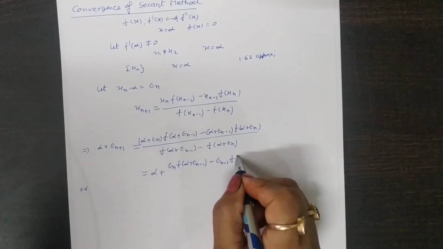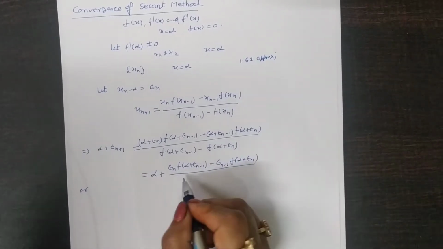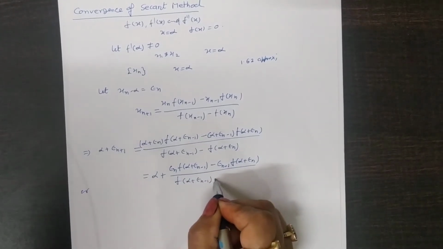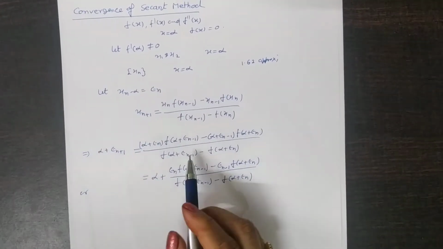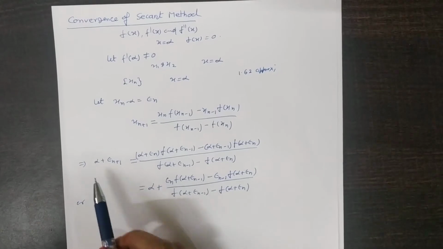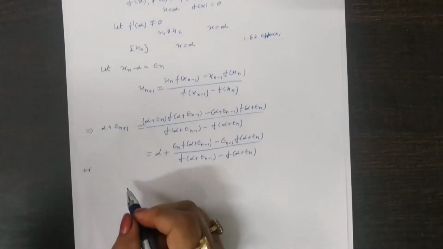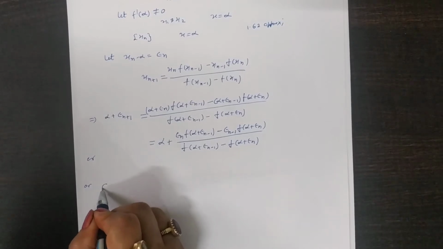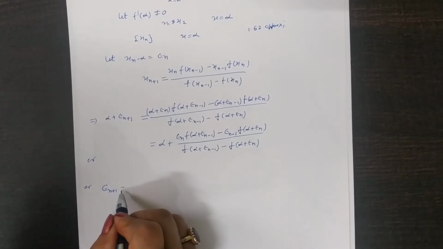If you multiply this out, alpha is here and alpha is here, so it cancels out, and you get epsilon(n+1).